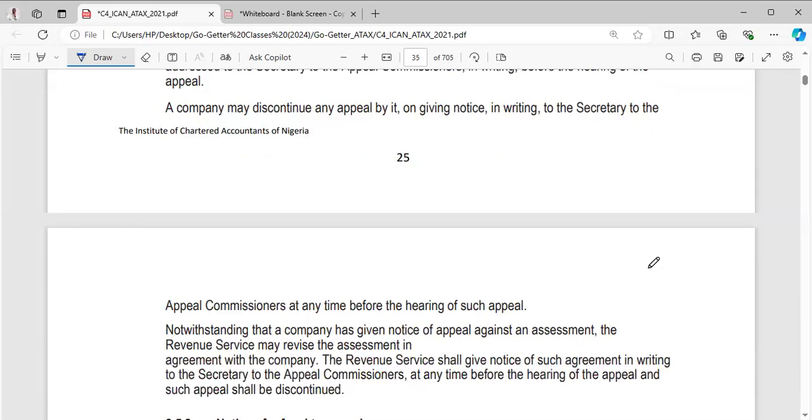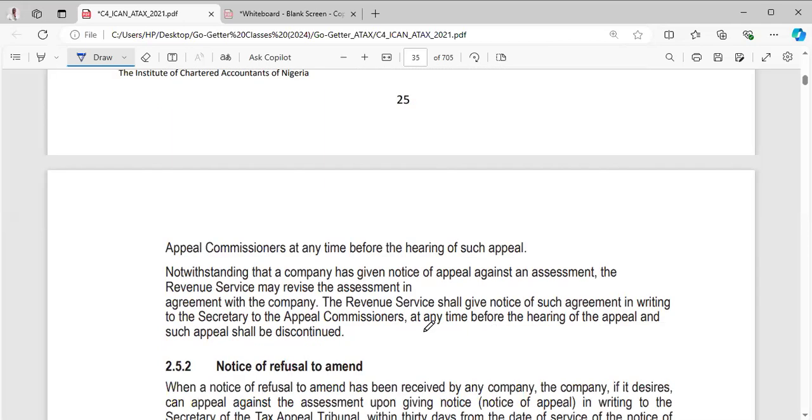Notwithstanding that a company has given a notice of appeal against an assessment, the revenue may revise the assessment in agreement with the company. The revenue shall also give notice in writing to the secretary of the appeal commission at any time before the hearing that this hearing should be discontinued.